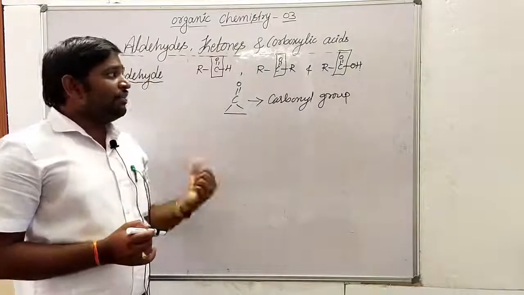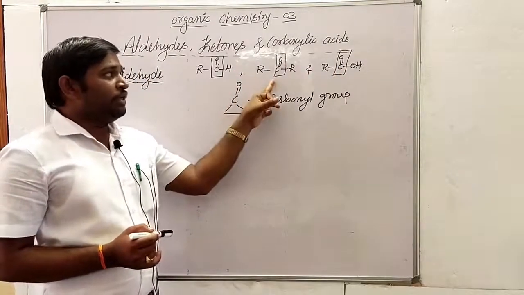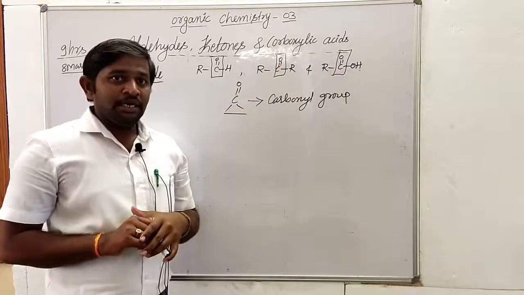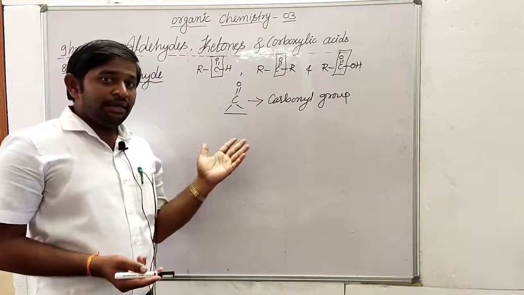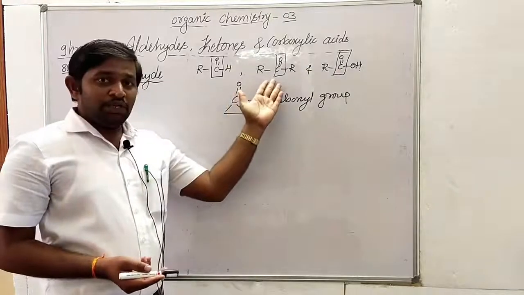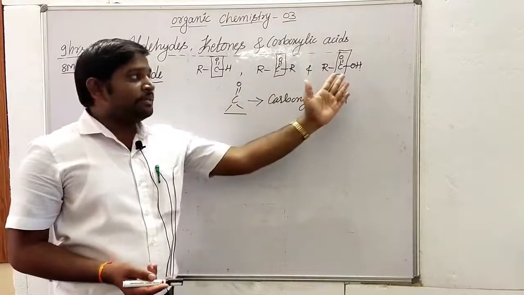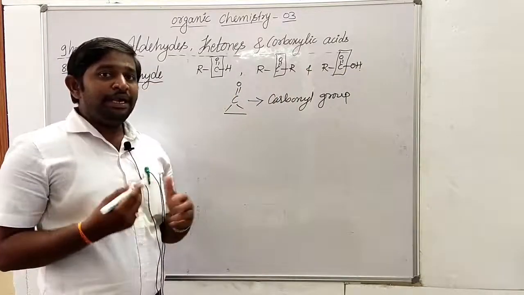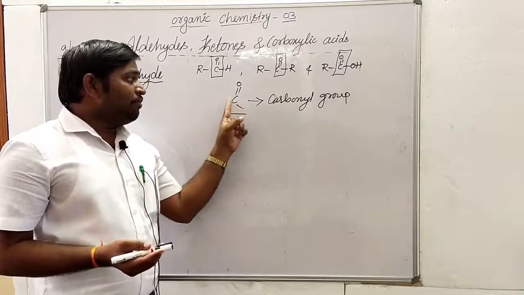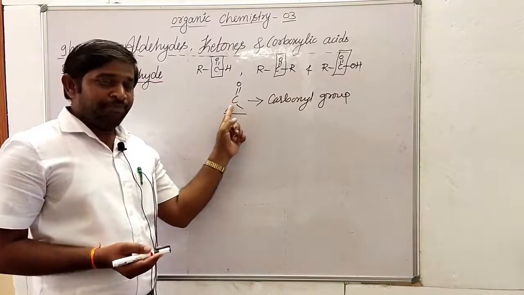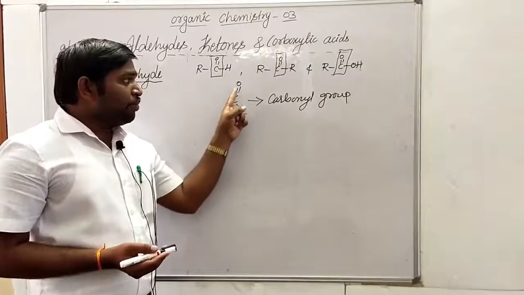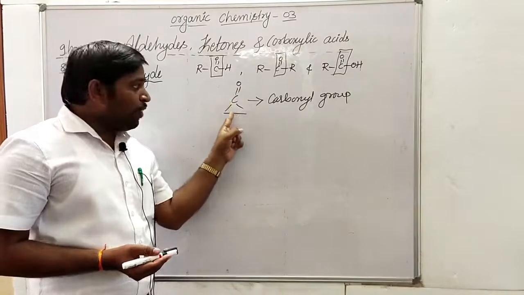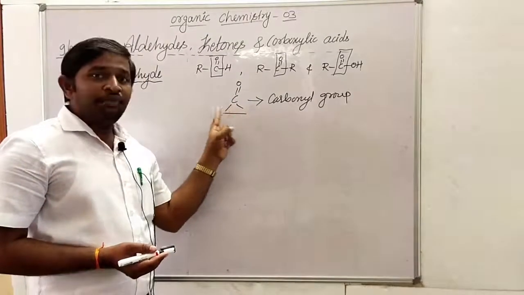So what is the difference between aldehyde, ketone and carboxylic acids? When can we call it an aldehyde, when a ketone, when a carboxylic acid? It depends upon the valencies of the carbonyl carbon atom. Here C double bond O is the carbonyl group. The other two valencies of this carbon atom are freely available.